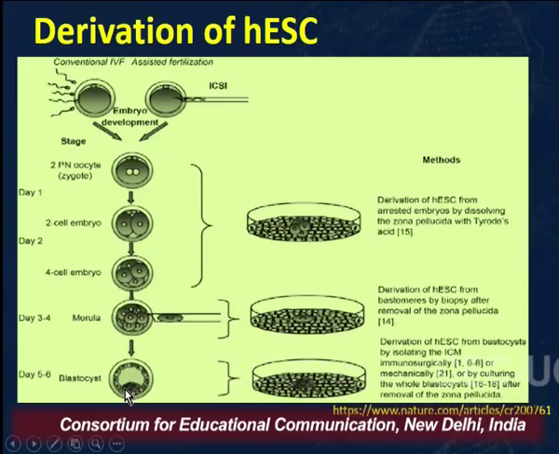Now, these embryonic stem cells are in this inner cell mass and they can be isolated. You can see that there are different methods by which they can be extracted. There are methods of immunosurgery, or mechanical methods that can be used to take out the inner cell mass, or even the entire blastocyst can be put on feeder cells.